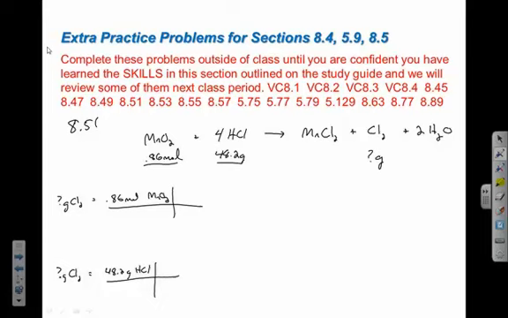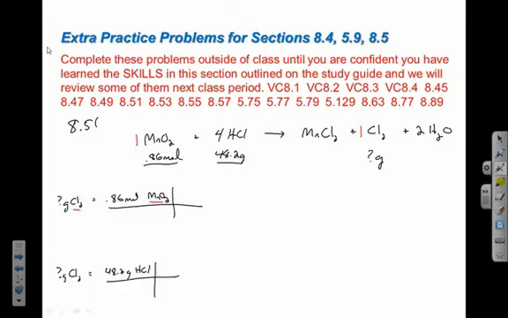So to do the calculations, I will recognize that in any calculation where I'm starting with a quantity of one substance and I want to convert that into a different substance with a different identity, I need to convert to moles first, because the only relationship I have between the quantities of different substances is a mole relationship that comes from the balanced reaction.